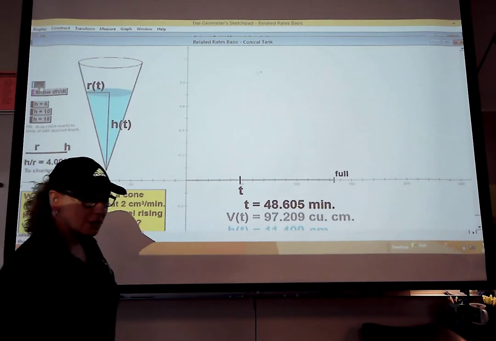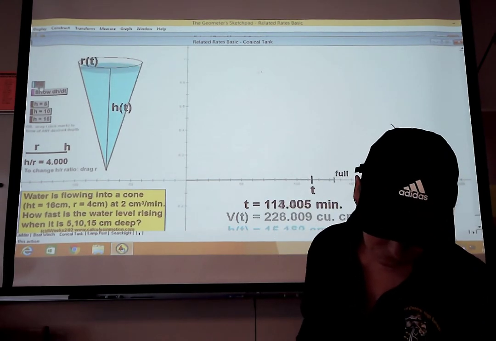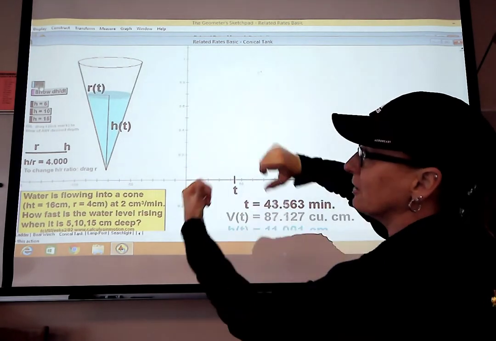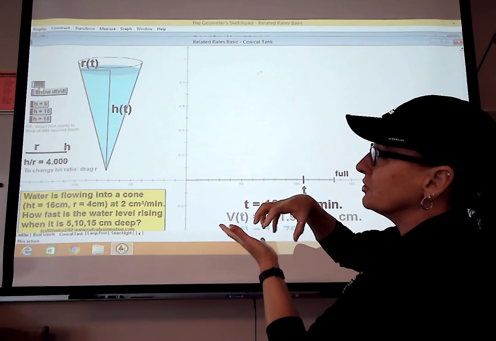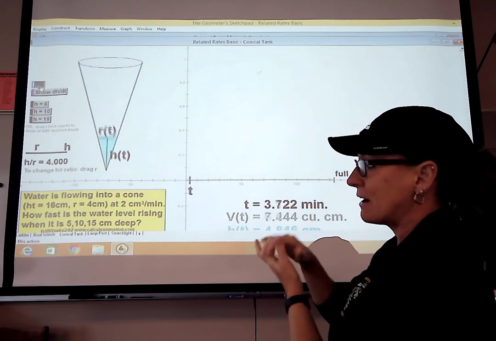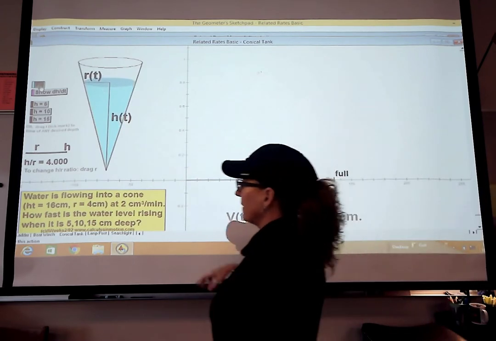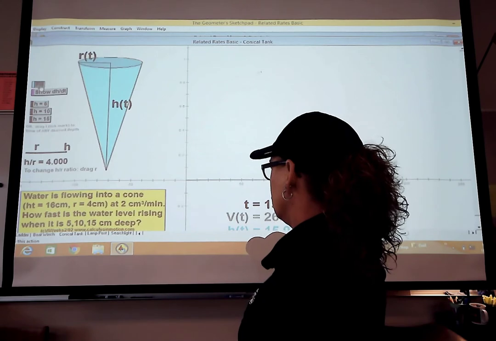So a couple things I notice. The one thing that this situation and our notes have in common is water is being filled into the cone at a constant rate. So my rate of change of volume is a constant rate. In this problem, it's 2 cubic centimeters per minute.